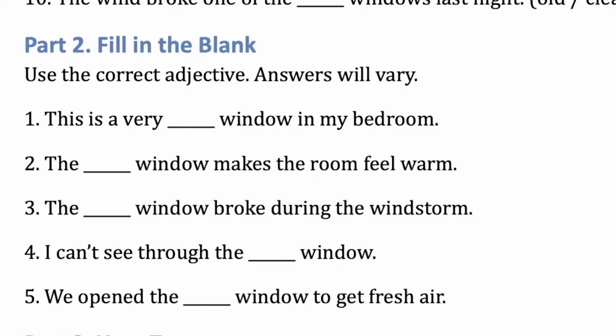Okay, Helga says the old window broke during the storm. The big window broke during the storm. Those both work fine for the sentence. Yeah, dirty window. Good. Katie, foggy. Yes, foggy works. Yeah, Helga, I can't see through the foggy window. Good.